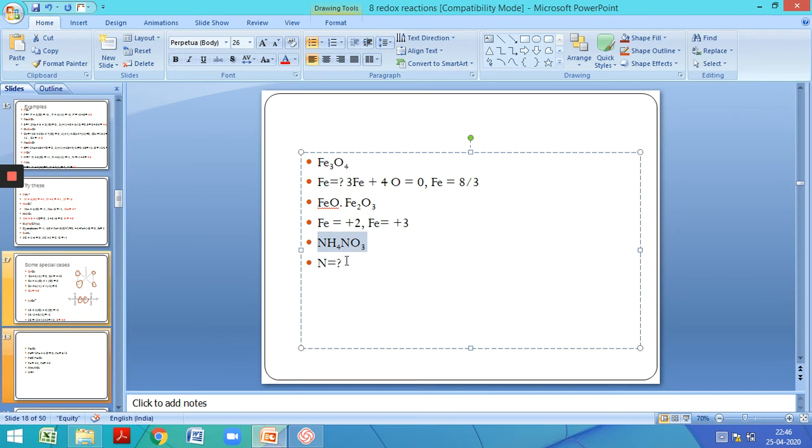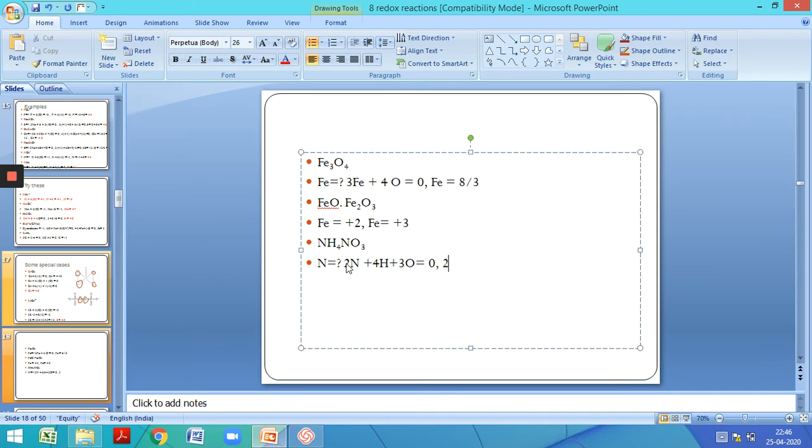Ammonium nitrate. What is the oxidation number of nitrogen here? If you calculate normally, 2N plus 4H plus 3O is equal to 0.